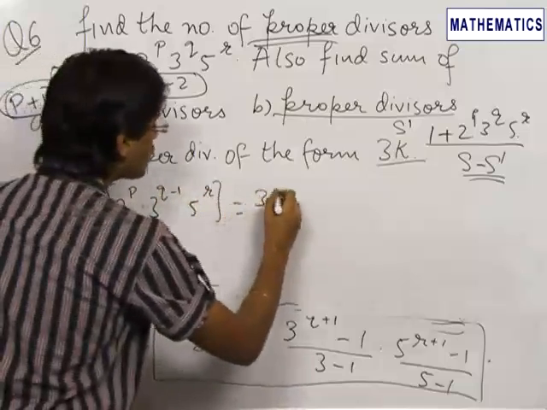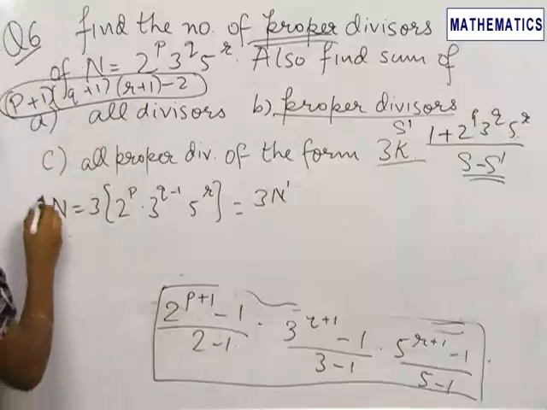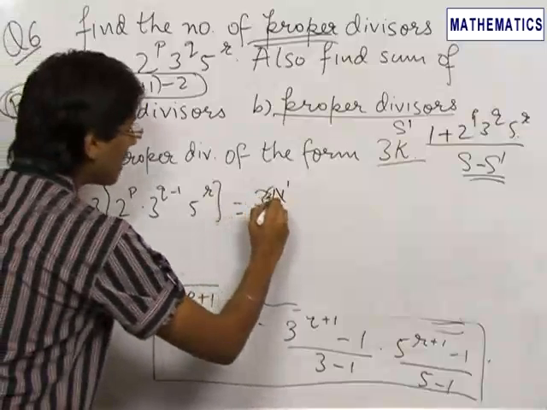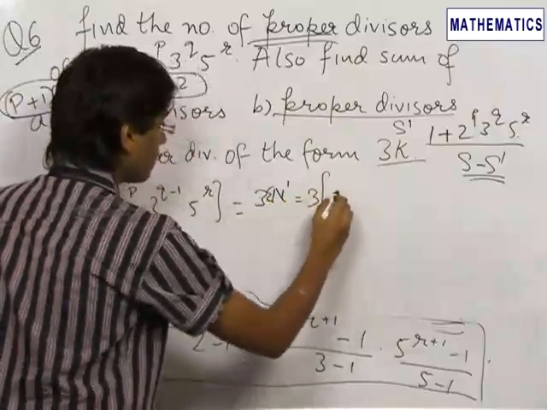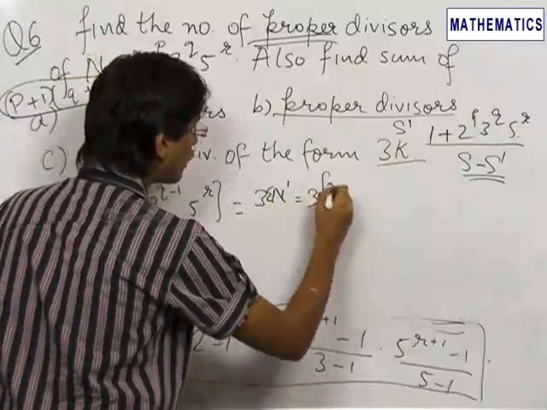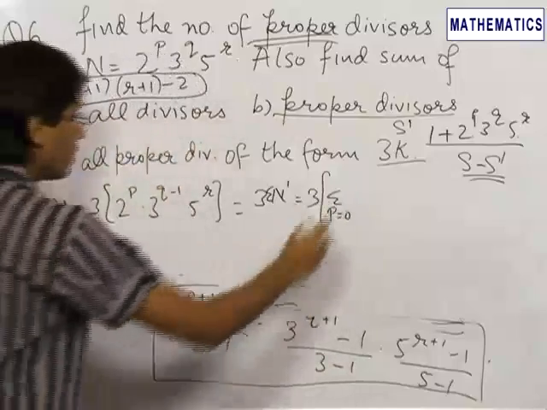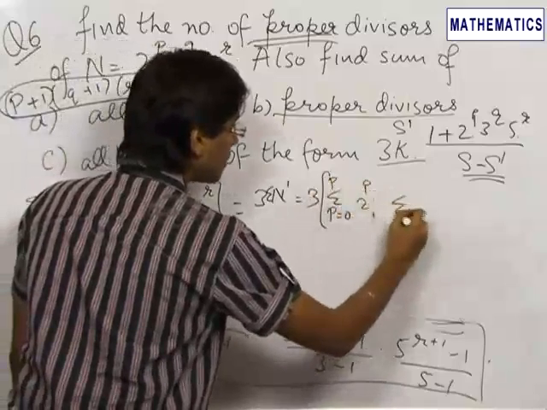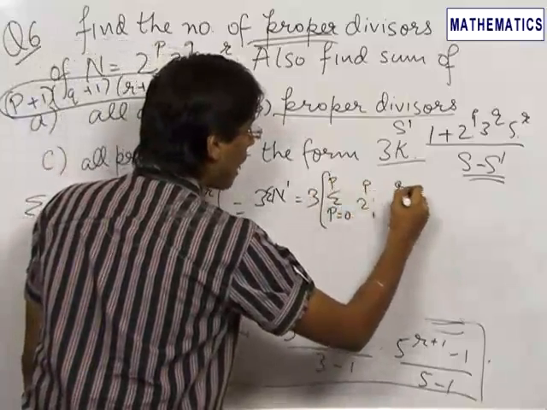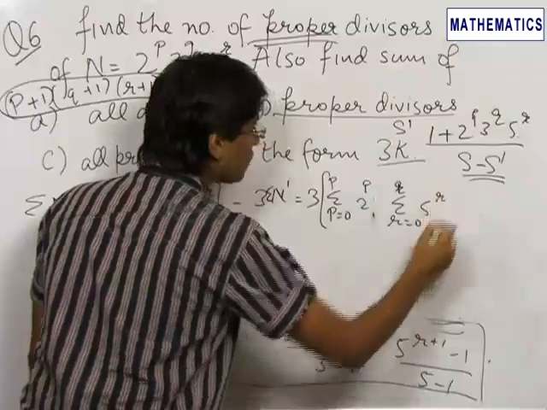This is equal to 3n dash. So sigma n is equal to 3 times sigma n dash, which is equal to 3 times summation p is equal to 0 till p 2 power p, as we did earlier. Summation r is equal to 0 till r 5 power r, as we did earlier.